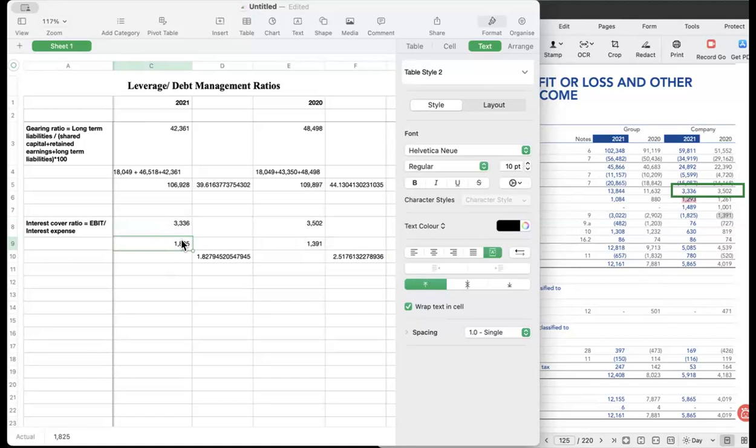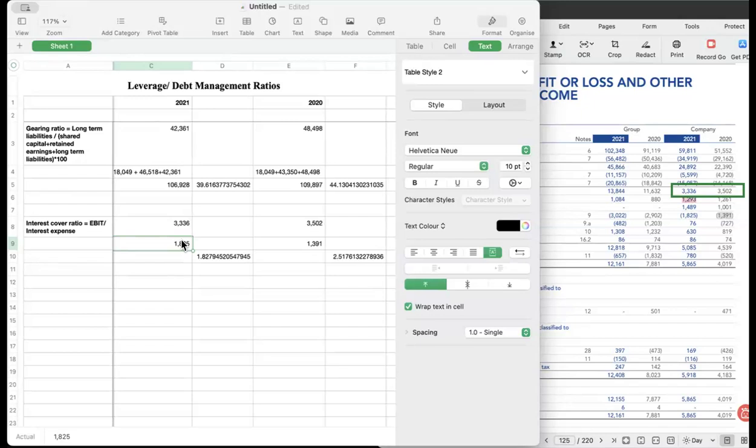So when the gearing ratio is more than 30%, which is both, yes, 39 and 44%, it is difficult for the company to borrow loans from banks. So if the company is planning to take loans from banks, they have to ensure that they bring the percentage down to less than 30%. So this particular company has to improve their gearing ratio to attract the banks.